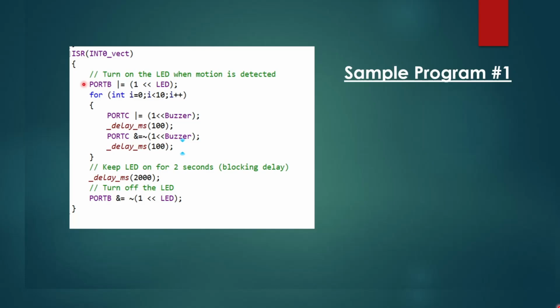The first thing we do here is turn on the LED. Next, we're going to drive the buzzer by turning on and off port C every 100 milliseconds. That's going to give us a particular tone that we're looking for. We're going to do that 10 times. Next, we're going to leave the LED on for another 2 seconds. And finally, we'll turn off the LED.